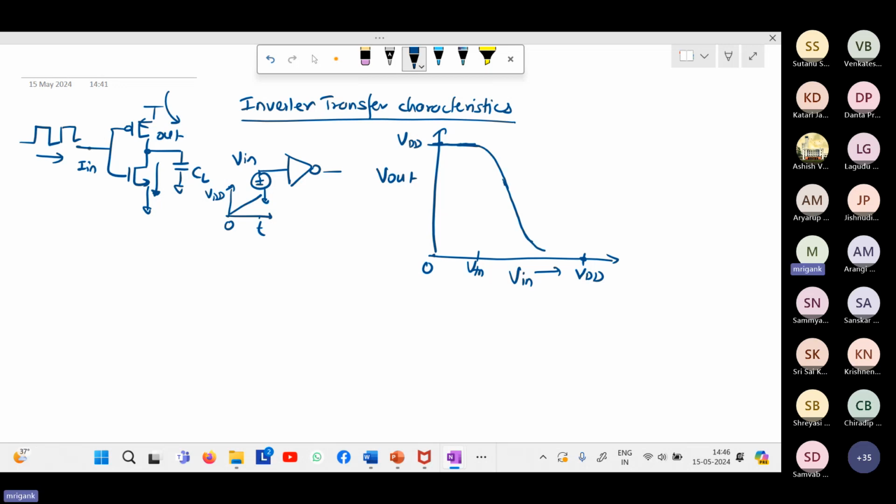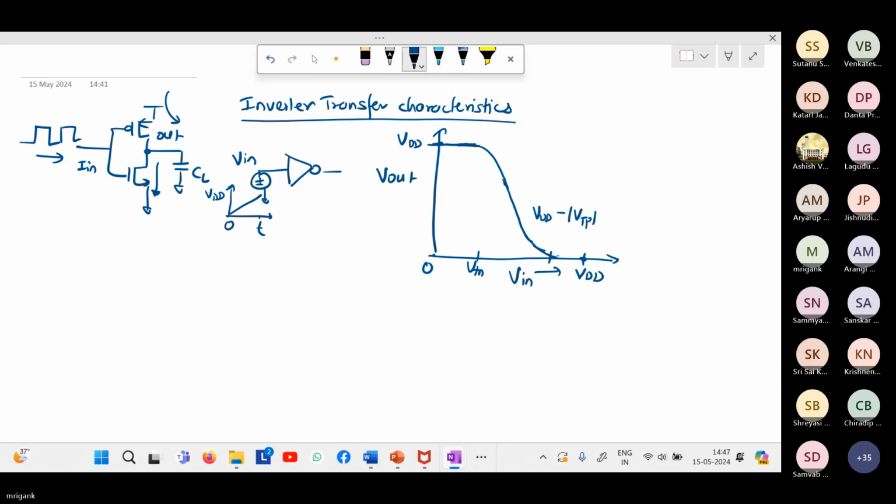your input voltage has risen so high that the PMOS is going to completely turn off, right? What will be that point? VDD minus mod VTP. At this point, ideally, the PMOS is turning off.